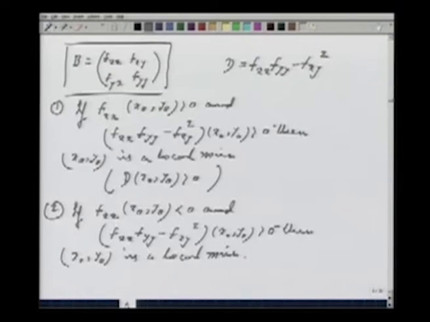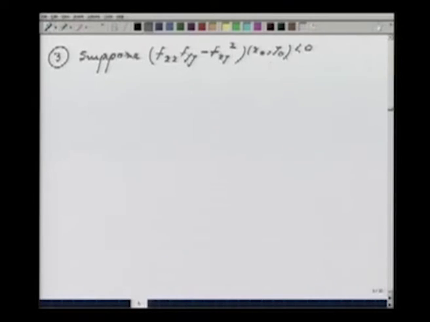Notice in the previous cases, everywhere I have looked at this quantity is bigger than 0. I never looked at the case less than 0, which I am going to do now. Suppose it is less than 0, then it turns out that (x₀, y₀), this point, is neither a maximum nor a minimum.